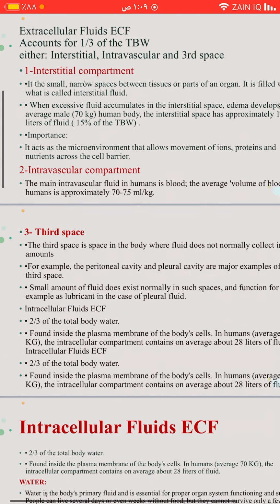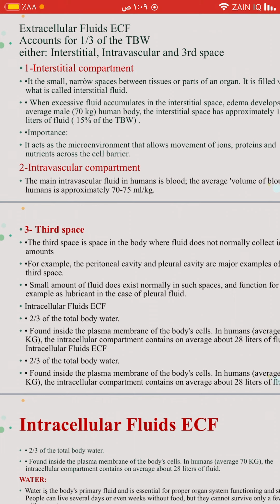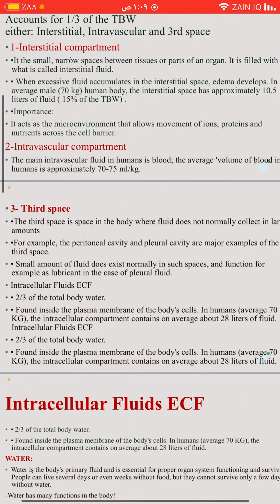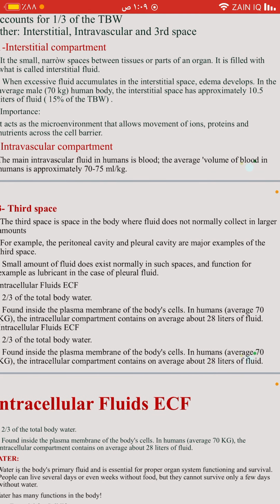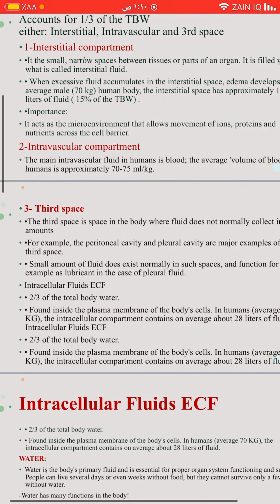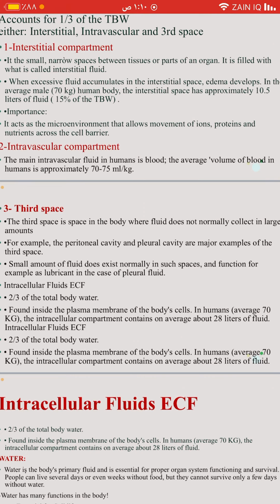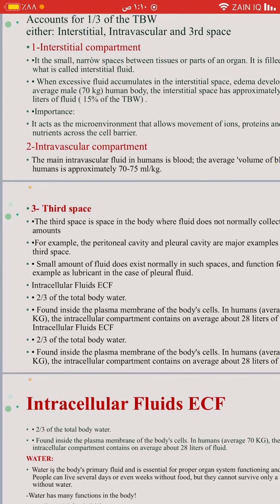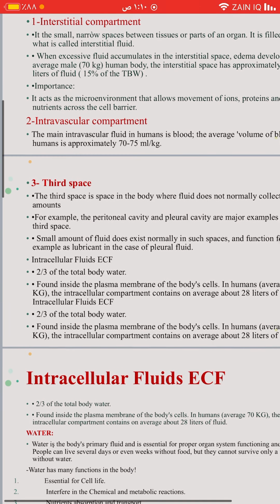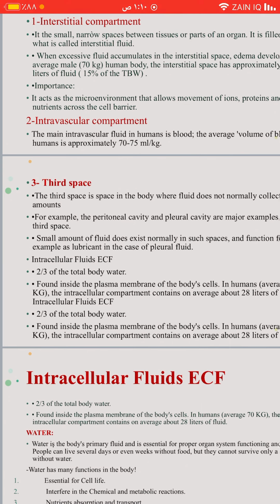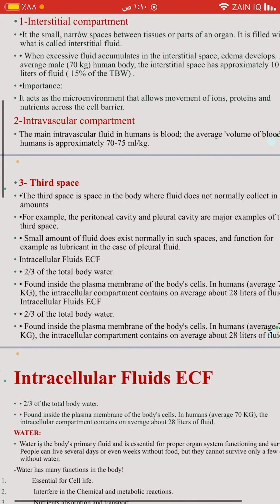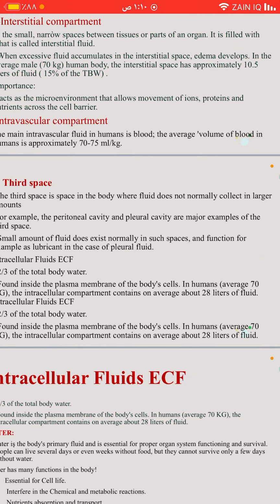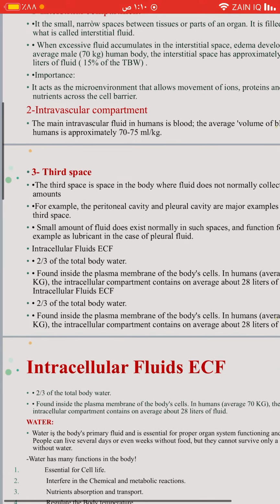الانتراسيلولار فلويد شكلنا اللي ذكرنا سابقا إنه شكل من 2 إلى 3 of total body water, found inside the plasma membrane of the body cells. In the human average 70 kilogram, the intracellular compartment contains on average about 28 liters of fluid, intracellular fluid اللي هي ICF. طبعا هذا الكلام اللي هو انعاد مرة ثانية.